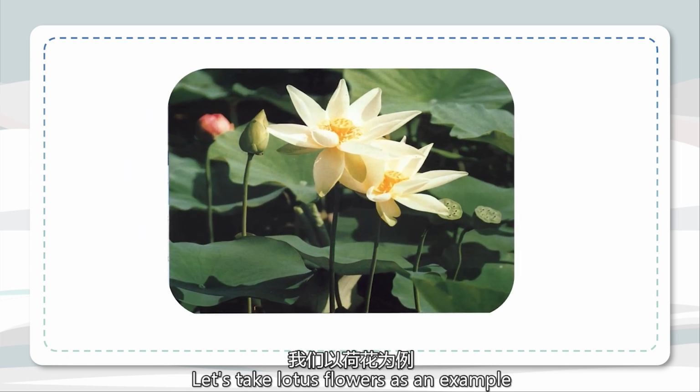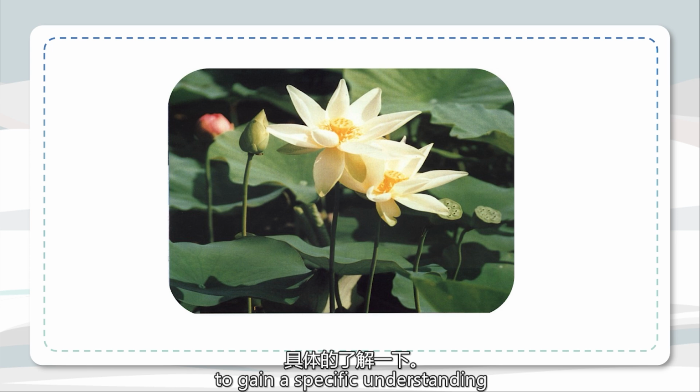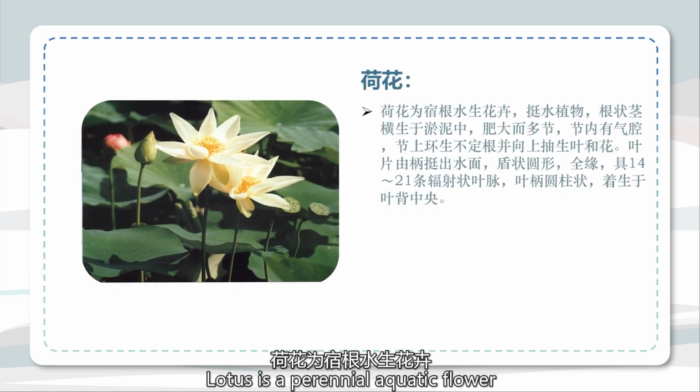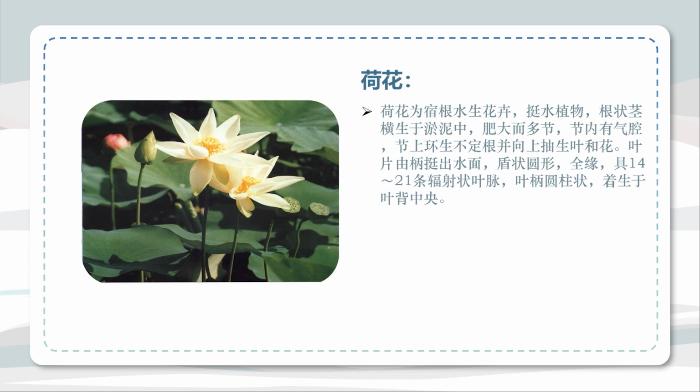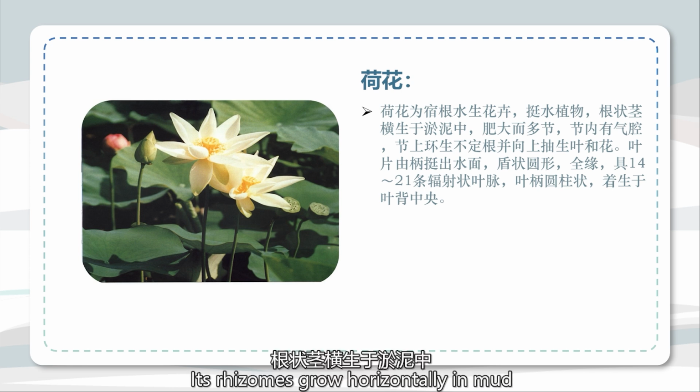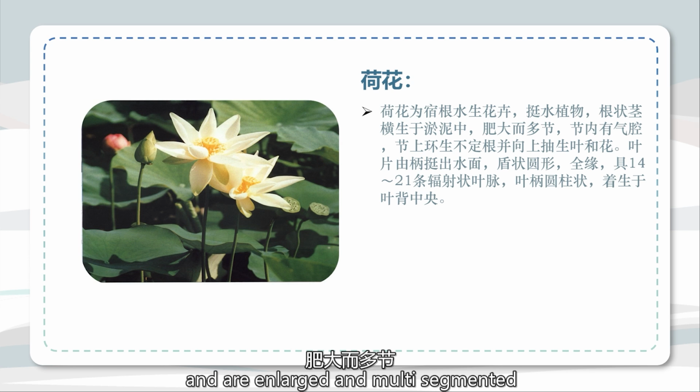Let's take lotus flowers as an example to gain a specific understanding. Lotus is a perennial aquatic flower, an emergent plant. Its rhizomes grow horizontally in mud and are enlarged and multi-segmented, with air chambers inside the nodes.